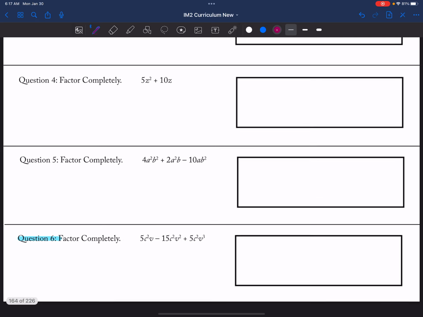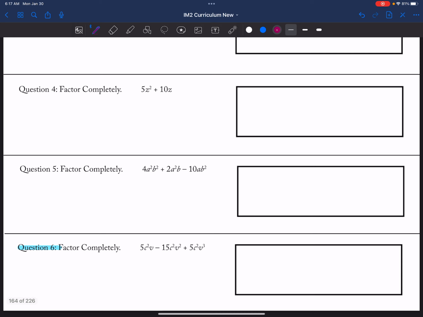Okay, do 6 now. So this is 3 times 5. So then I have 5ccv as my first term, minus 3 times 5ccvv, plus 5ccvvv.